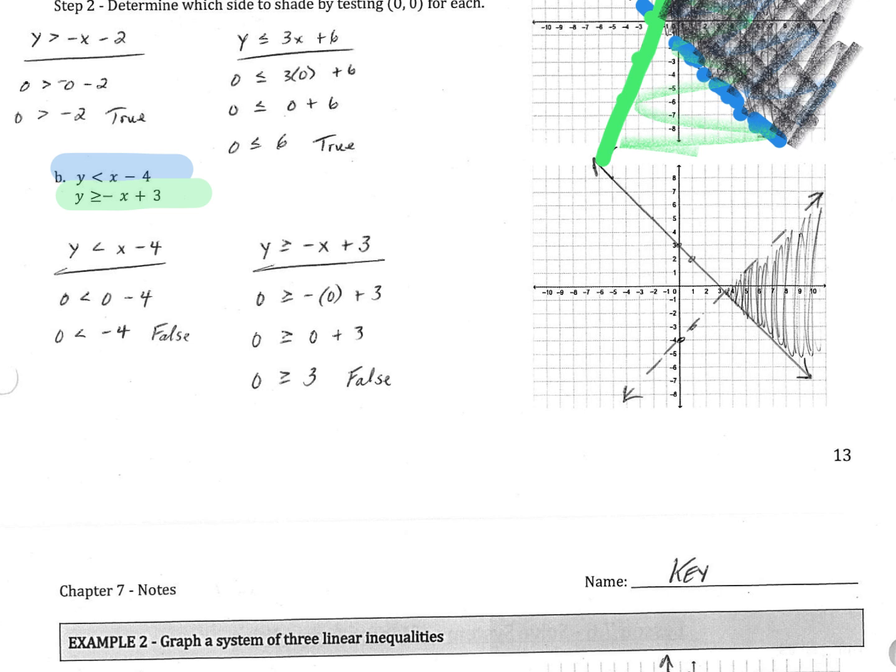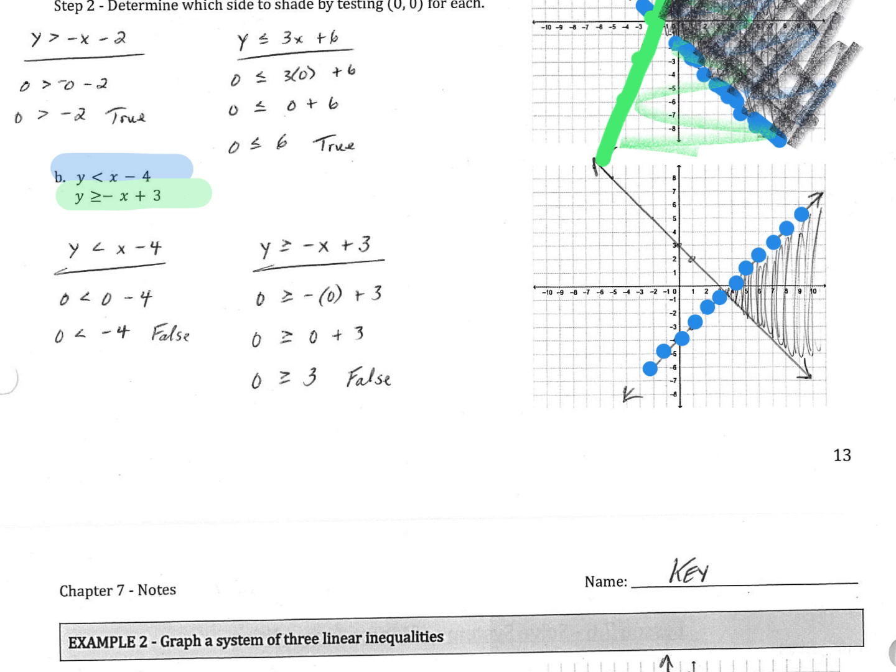Sorry, I'm just trying to get my pen to work. There we go. Negative 4, and a slope of 1. Up 1, right 1. Hopefully you can see why we're going up 1, right 1. And it says less than, so that's just going to be a dotted line.